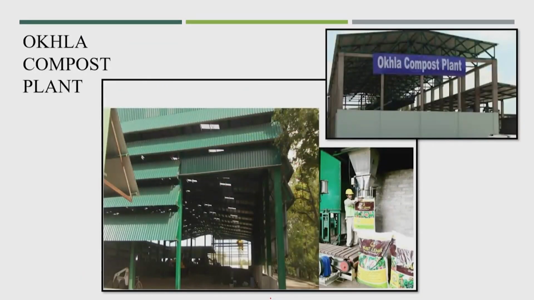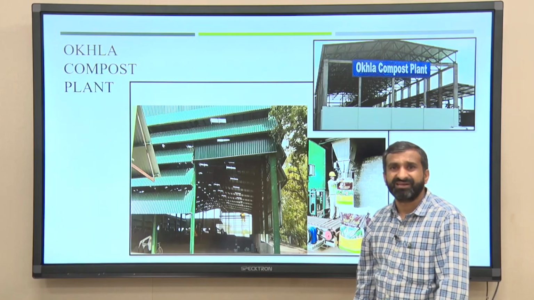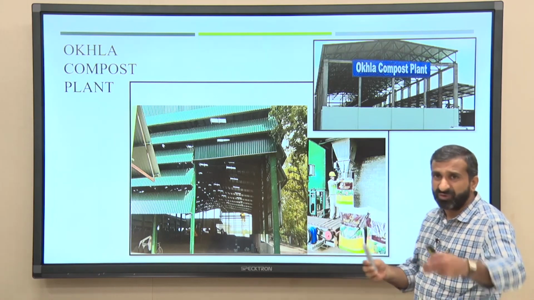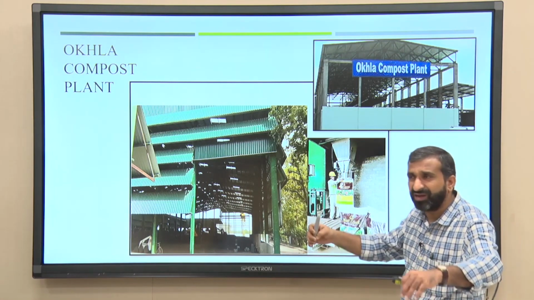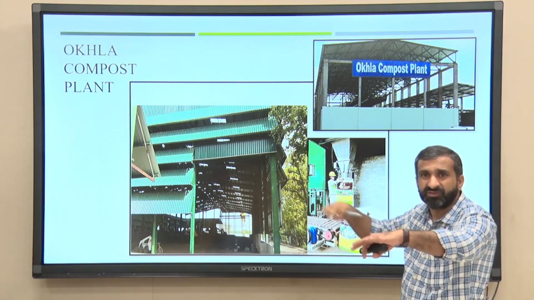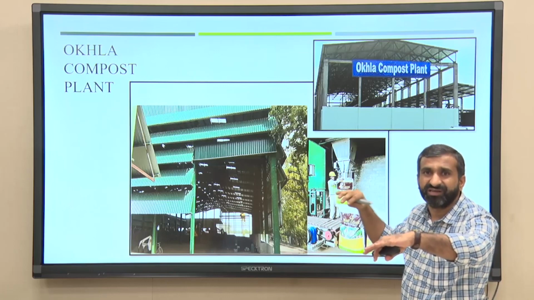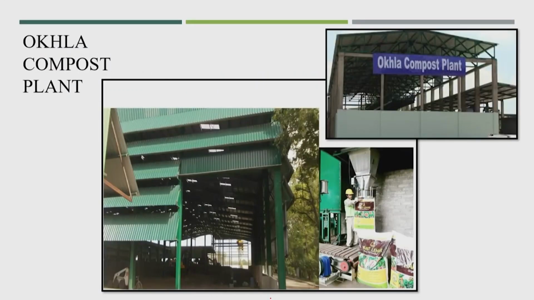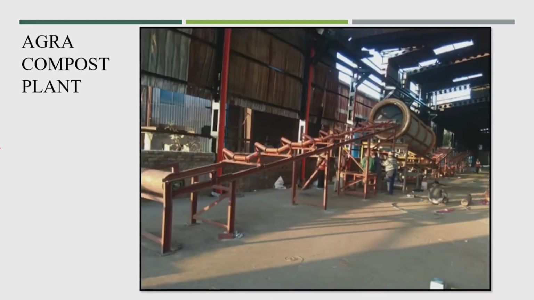This is another compost plant, the Okhla compost plant. This is one of the oldest compost plants in India, available in Delhi. At the trommel facility in Okhla, there are 4 units working in parallel, and they also package the compost for marketing purposes.